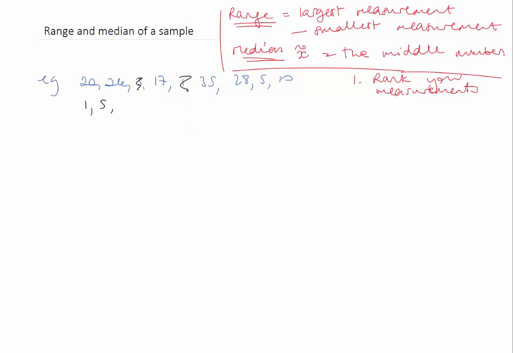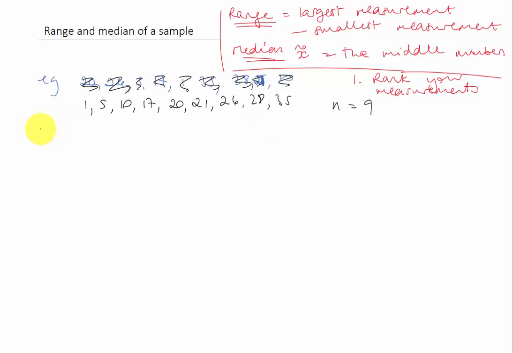Yes, this one should be 21. Sorry, it has to be the same as my other notes or I get confused. So 1, 5, 10, 17, 20, 21, 26, 28, 35. Okay, so I've just ordered these from the smallest number to the largest number, and n is equal to 1, 2, 3, 4, 5, 6, 7, 8, 9, because we have 9 measurements.